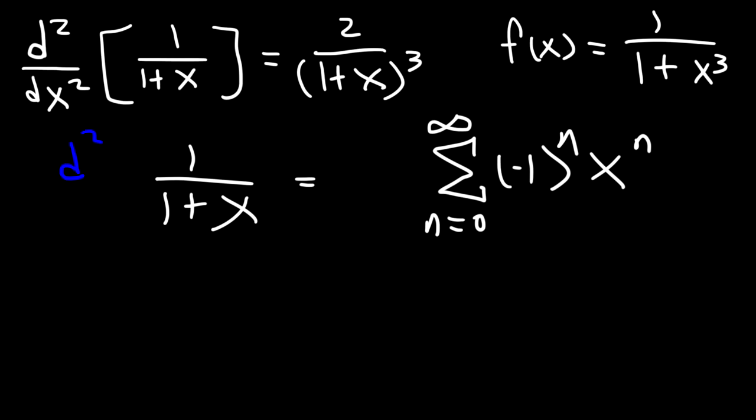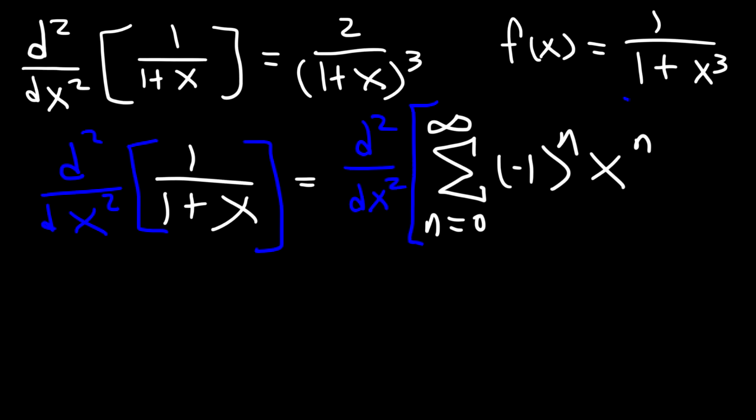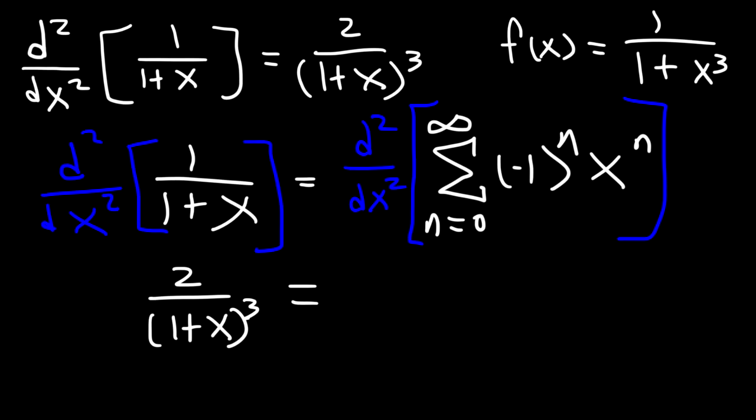Now let's go ahead and take the derivative of both sides. That is the second derivative of both sides. So we know the second derivative of 1 over 1 plus x is equal to this. So that's 2 over 1 plus x to the third power. So that's on the left side.